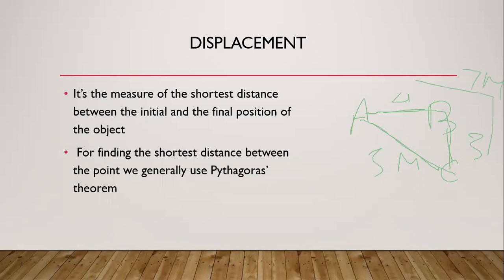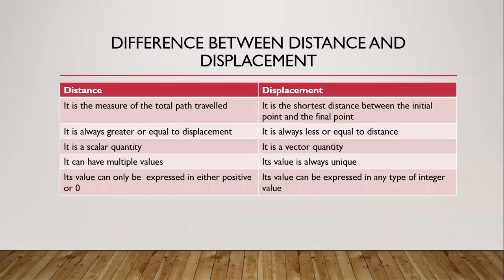Okay, now let's see some questions. In exams, most of the time, like in the unit test, we get the question on the difference between distance and displacement. But most of the time, students get only 2 to 3 points on this. So here are some points which you can use in the exam and get better marks. Distance is the measure of the total path traveled.